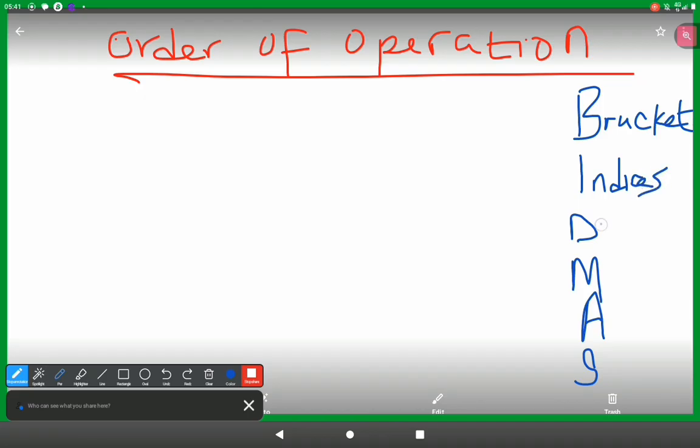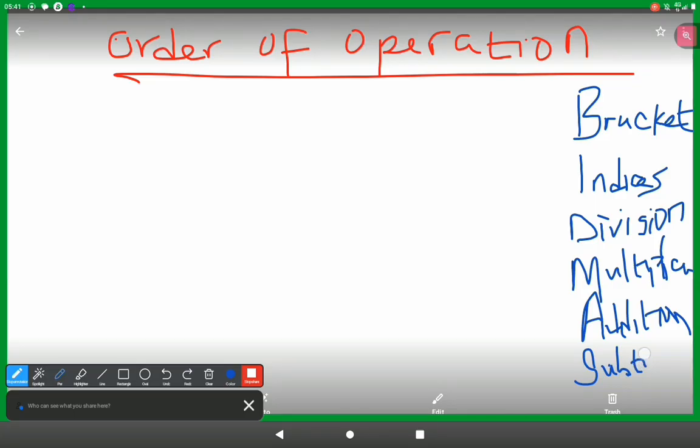The D stands for division. The M stands for multiplication. The A stands for addition. And the S stands for subtraction.